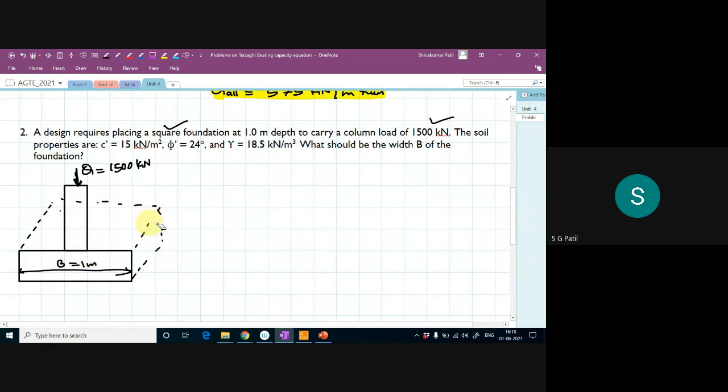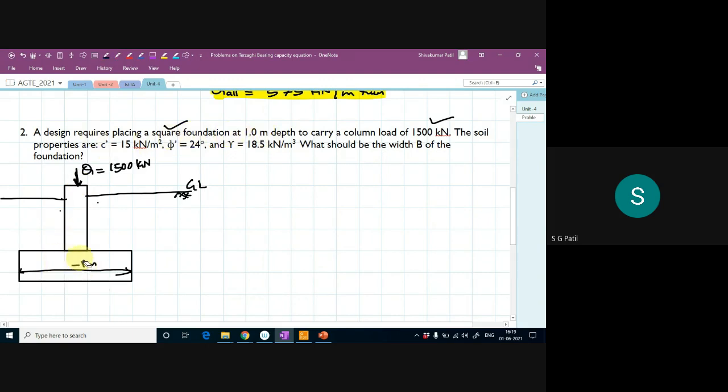So this is my ground level. This is a square foundation at 1 meter depth.